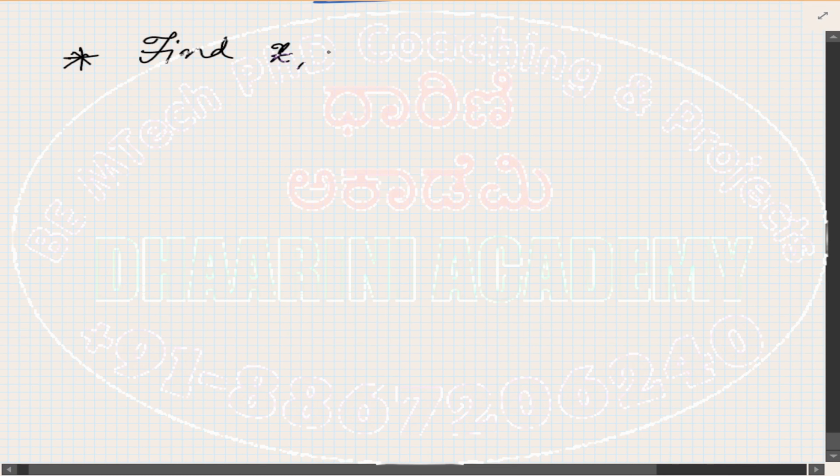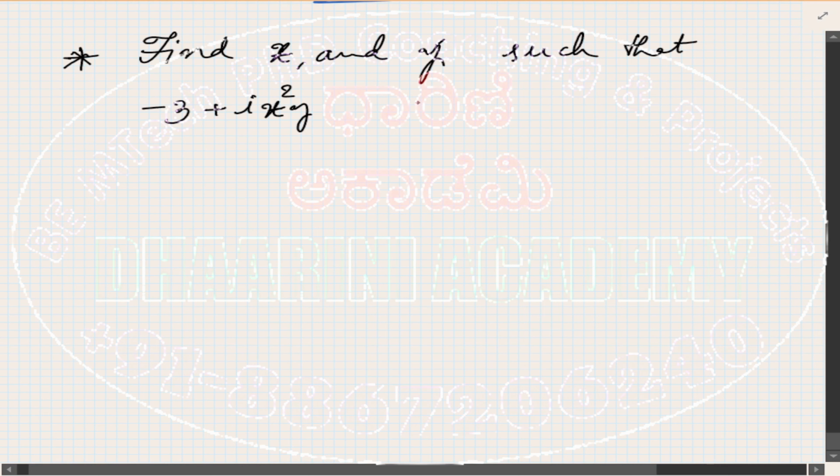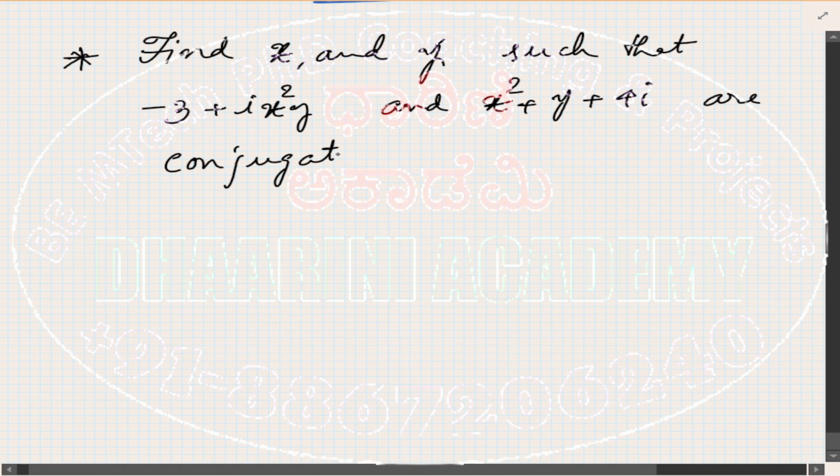Find x and y such that -3 plus i times x squared y and x squared plus y plus 4i are conjugates of each other.